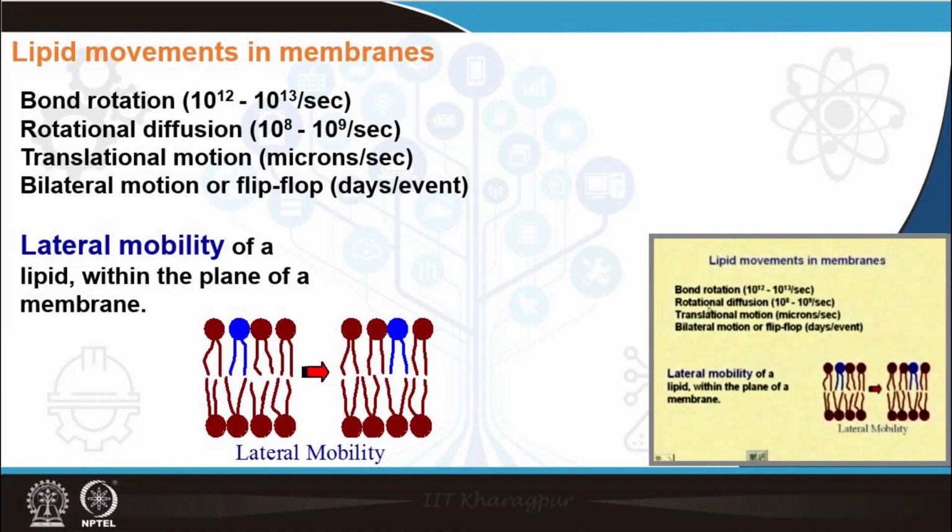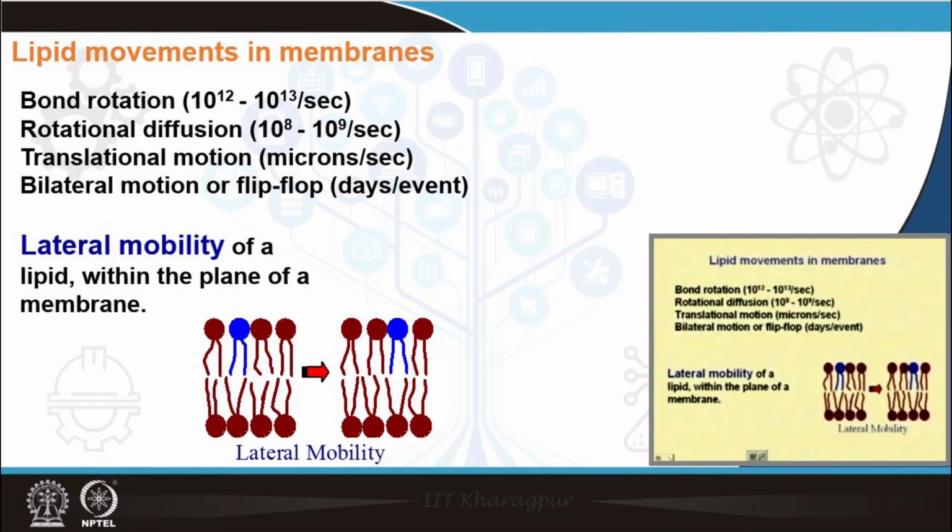The rotational diffusion is about 10 to the 8 to 10 to the 9 per second. So, you see how the lipid membranes, the bilayers, are actually moving in a sense. We have a translational motion that can be measured in microns per second, and we have bilateral motion, something called flip-flop, that takes in the order of days for one such event to occur.